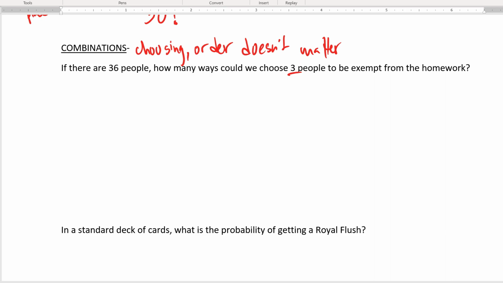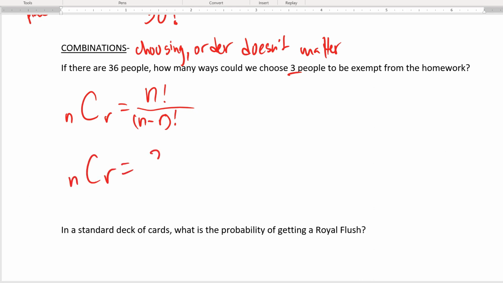So when I do a 36 choose r, it starts off the same. We say, well, it's going to be n factorial over n minus r factorial. So that's going to be 36 factorial over 36 minus 6, 30 factorial.